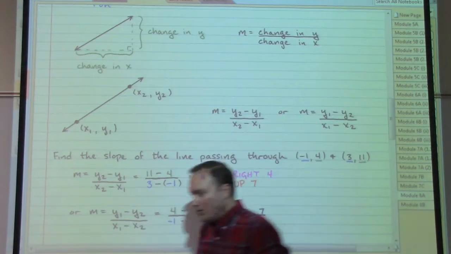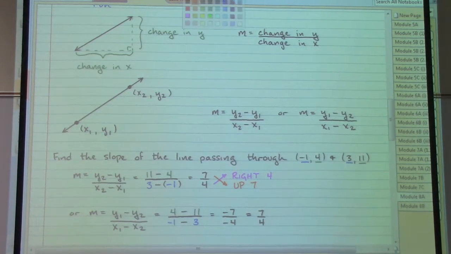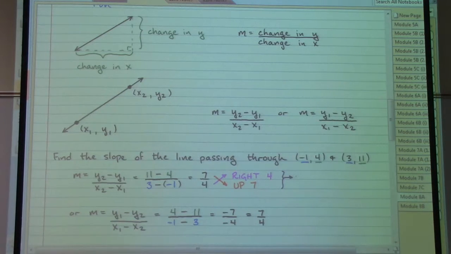Now we can take those directions, remember that they have opposites, and we can change those by reversing them. So that we would have left 4 and down 7.